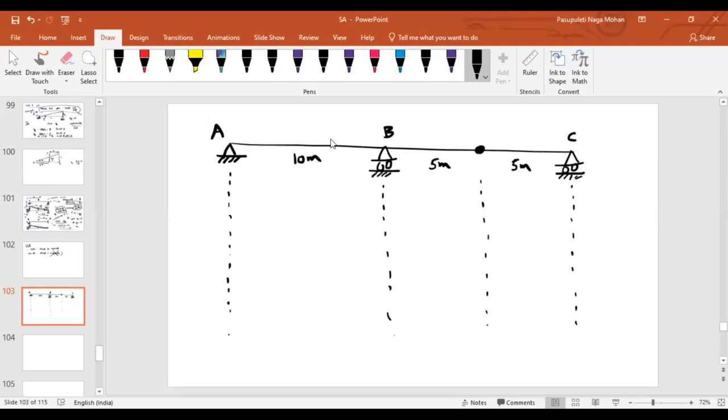Can you please try? What is the influence line diagram? Vertical reaction, just like the same we have discussed. Sir, question repeat: draw the influence line diagram for vertical reaction at A. Any ideas as of now?